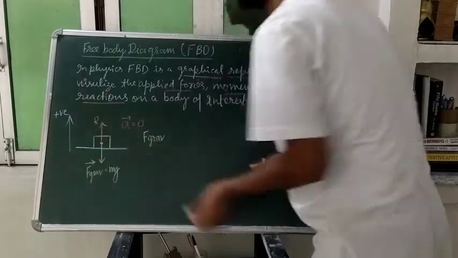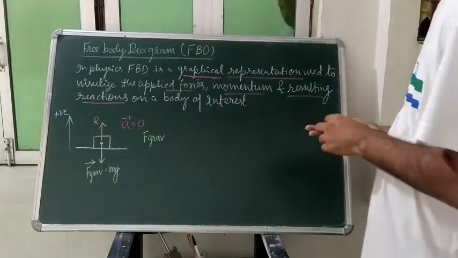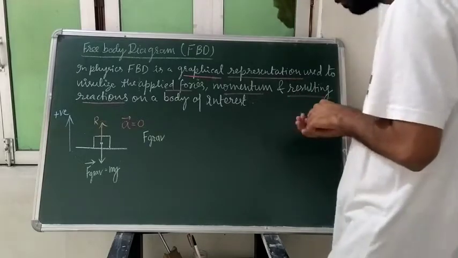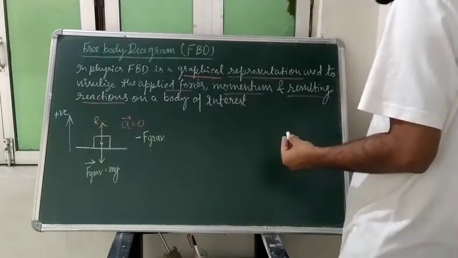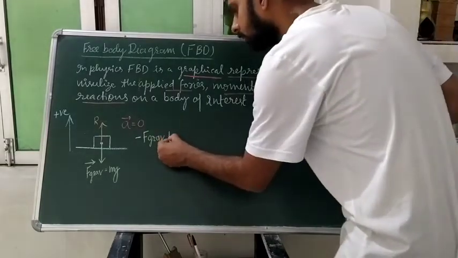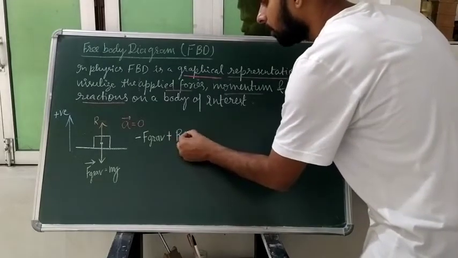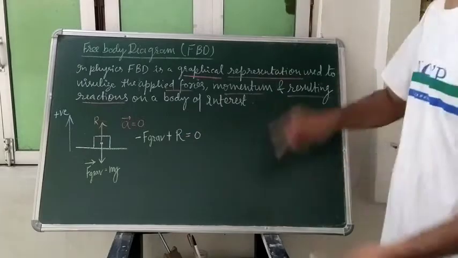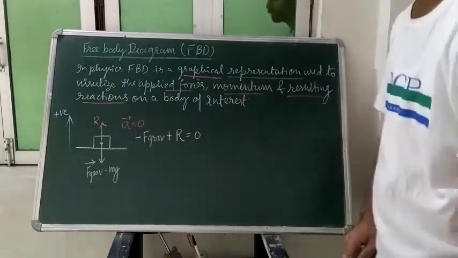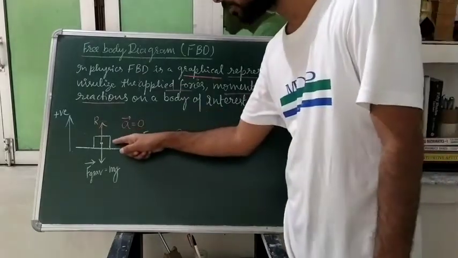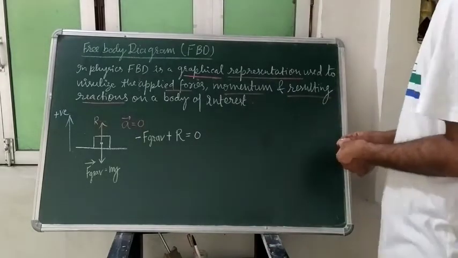I am choosing plus y as upward. So the sum will become minus F gravity plus the reaction, equals 0. If there is no acceleration, no net force will act on that. So the body of interest will be this block, and on this we are performing the graphical representation.